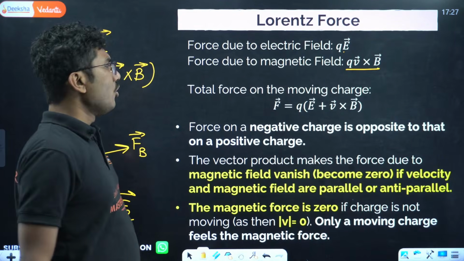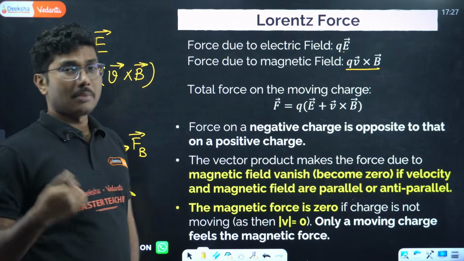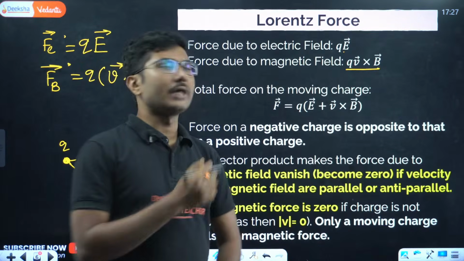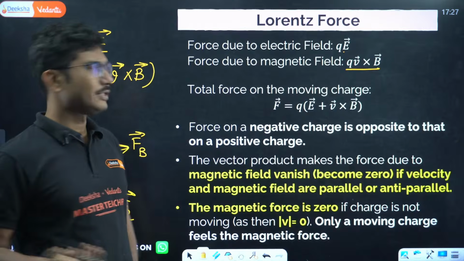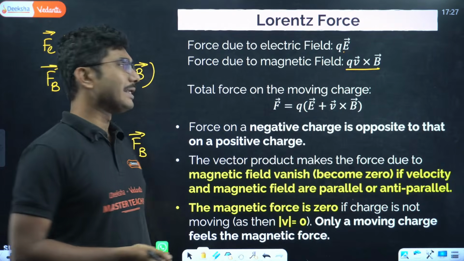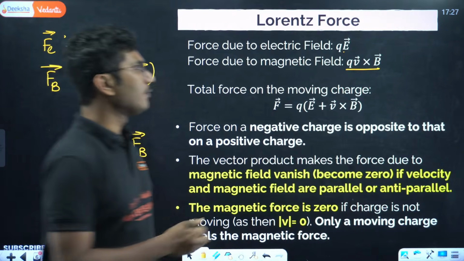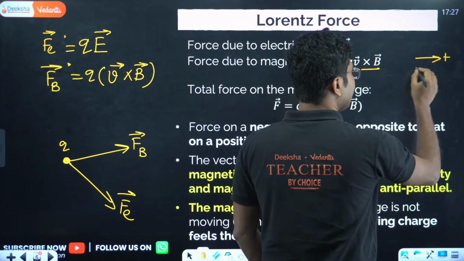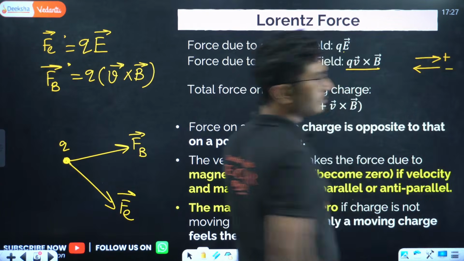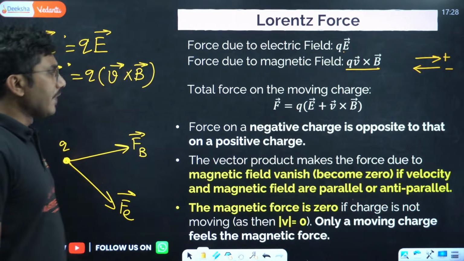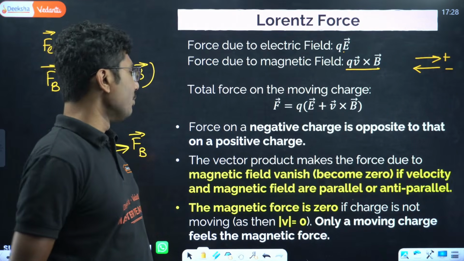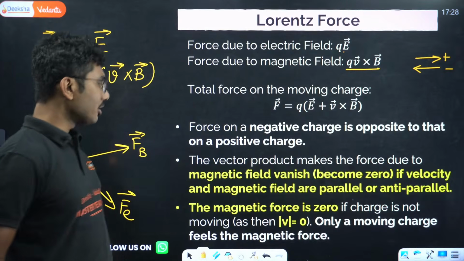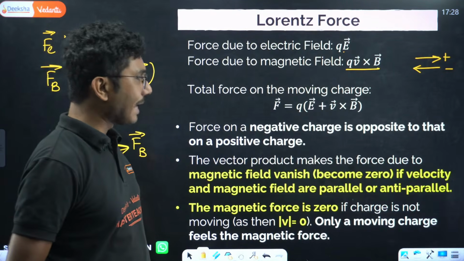So these are the things that you have to mention while writing the Lorentz force. Next, a few points that you have to remember about this force. Force on a negative charge is opposite to that of the positive charge. Same thing as electric field as well, but here the cross product is there. If the force due to positive charge is in this direction, then due to negative it will be in the opposite direction. The vector product makes the force due to magnetic field vanish or become zero if the velocity and magnetic field are parallel or anti-parallel.